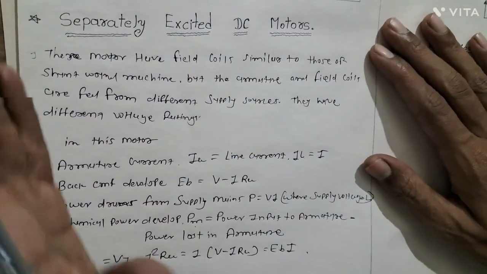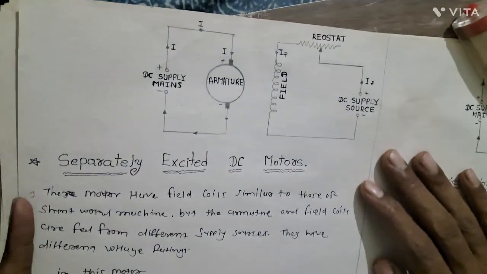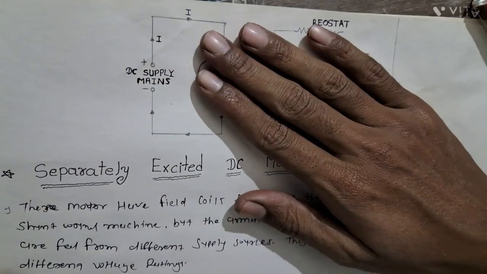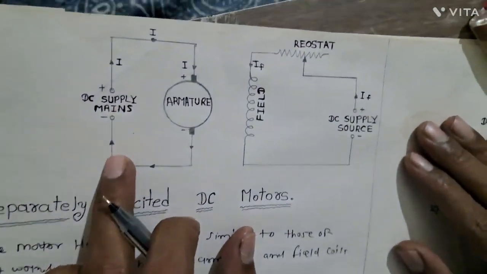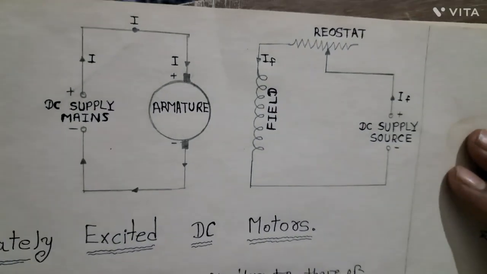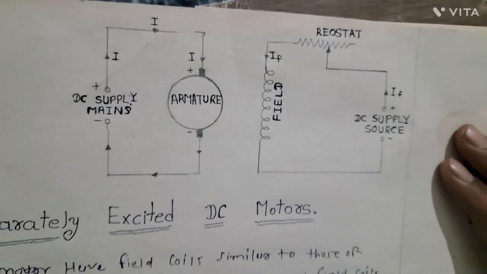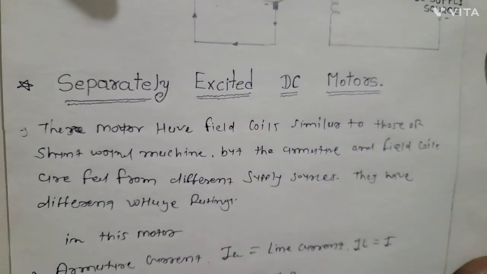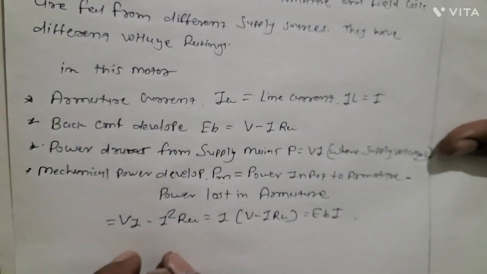So for the separately excited DC motor, we showed the figure, and this is the theory and this is the formula.